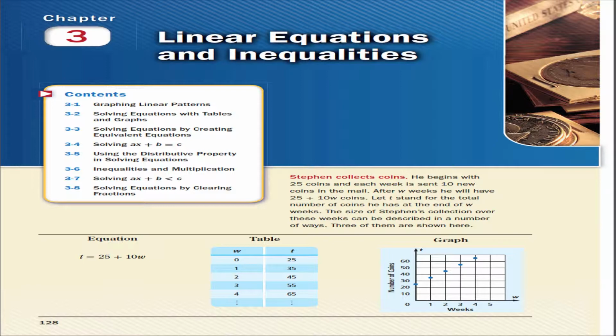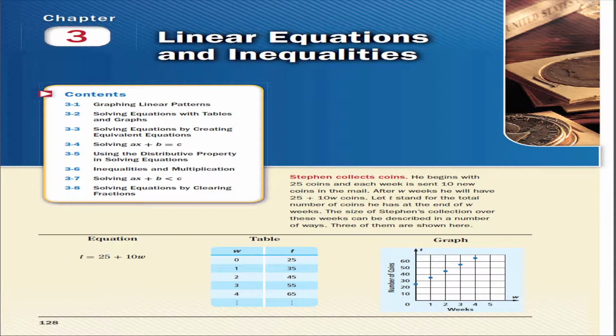The first one is an equation. That equation shows us that the total number of coins he has is equal to the 25 he started with plus the 10 per week that he gets times the number of weeks he's been getting them. That'll give us the total number that he has if we know however many weeks it is.